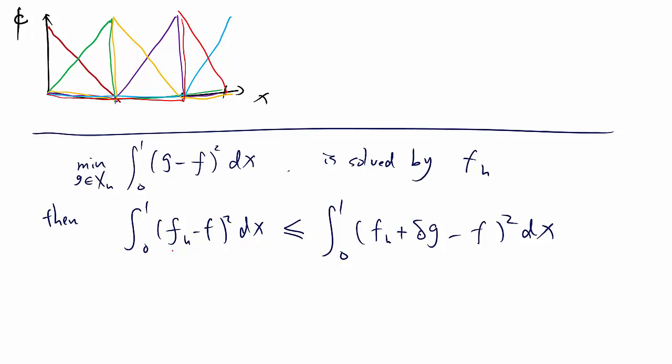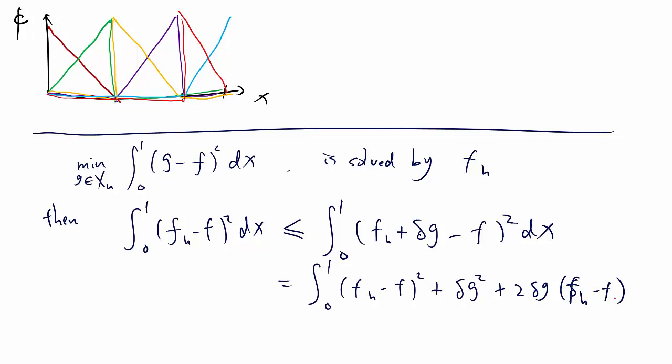That's simply the definition. Okay, so let's expand this thing a little bit to see what this actually is. We're just going to expand it using fh minus f squared plus delta g squared plus 2 times delta g times fh minus f, this whole thing times dx, right?